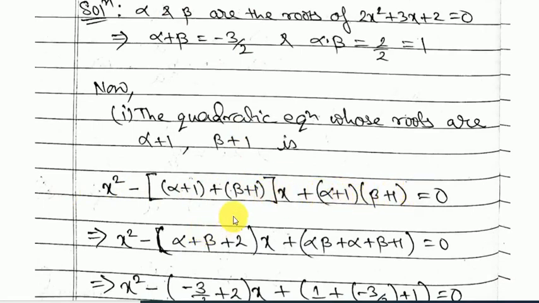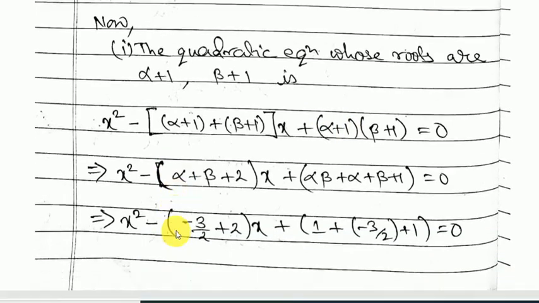Now we have to write this in terms of alpha plus beta and alpha into beta. Same goes for this. You have to simplify and write this in terms of alpha plus beta and alpha into beta. Why? Because we are going to use the values minus 3 upon 2 and 1.